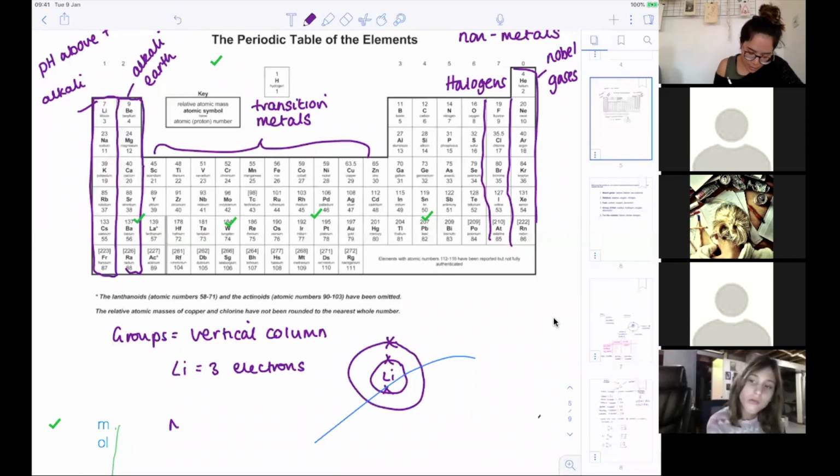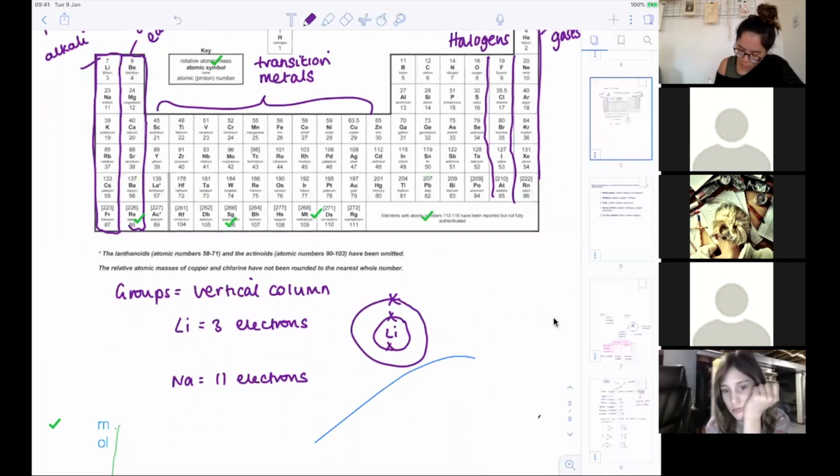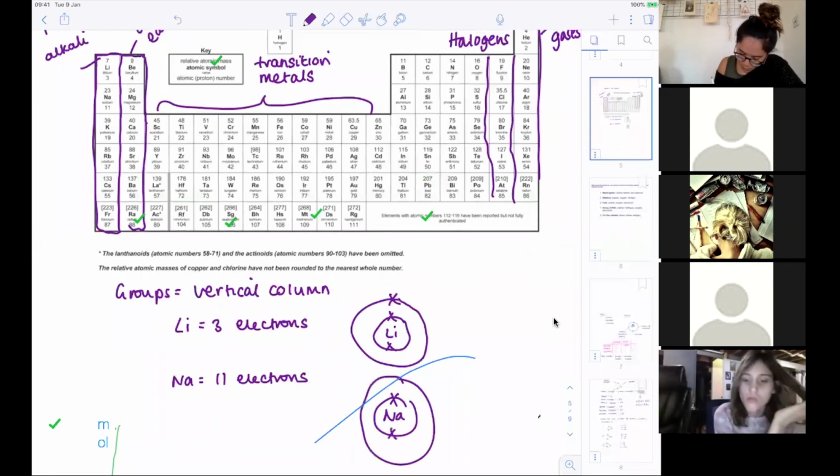Taking another element, sodium, which is in the same group, if we draw sodium, I'm going to run out of space. I always do this.